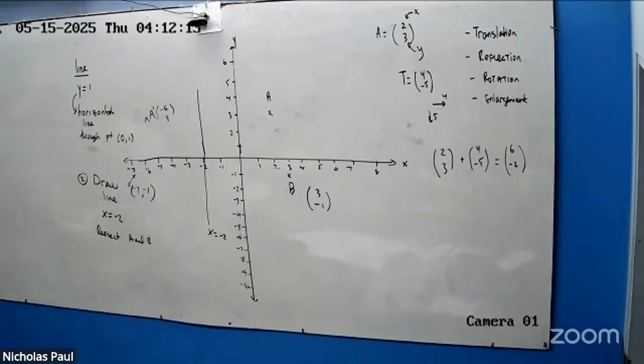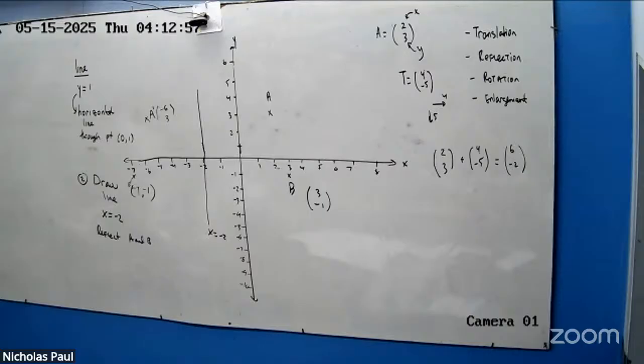All right, so let's make a note in your book. When we reflected, the object and image must be equidistant from the mirror line.